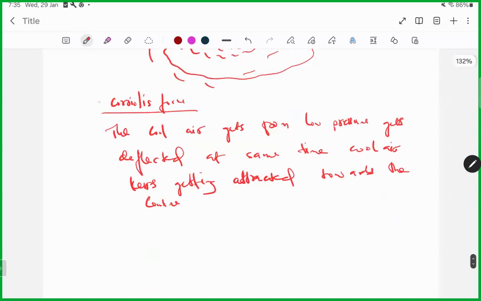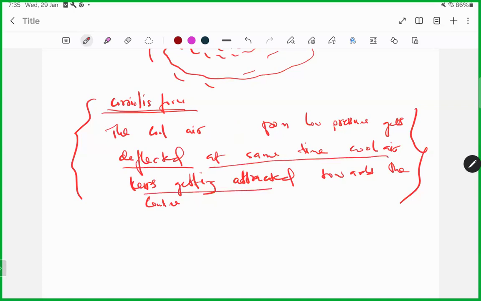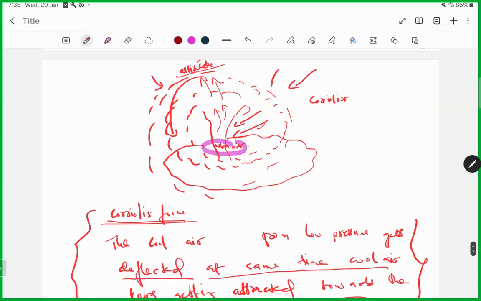So Coriolis force is also one of the reasons which leads to the formation of cyclones, where the cool air from low pressure gets deflected, and at the same time, cool air keeps getting attracted towards the center, as you can see here.